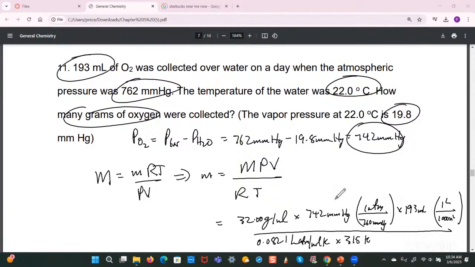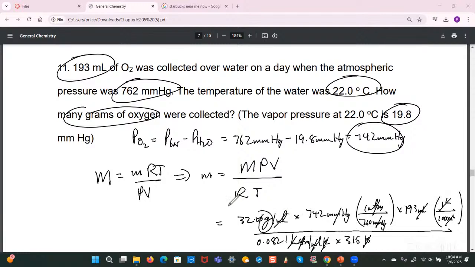And that's the setup. In terms of units canceling out, this mole will cancel out with this mole, this Kelvin will cancel with that, atmospheres will cancel out here and here, millimeters mercury cancel out there and there, milliliters will cancel out there and there, this liter will cancel out with this liter, so the only unit remaining would be the gram unit.